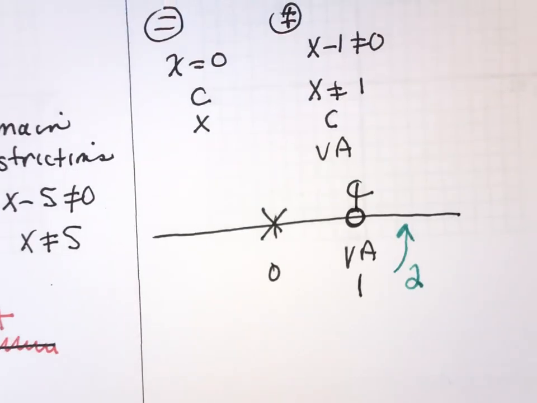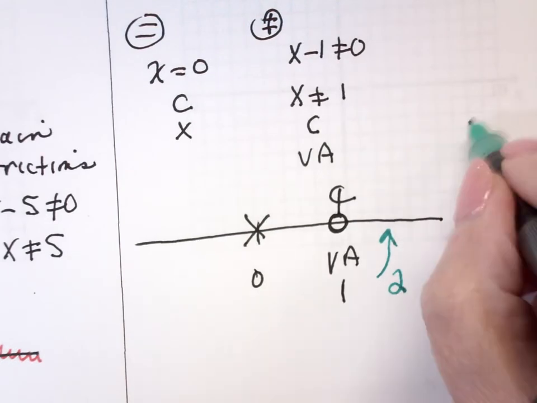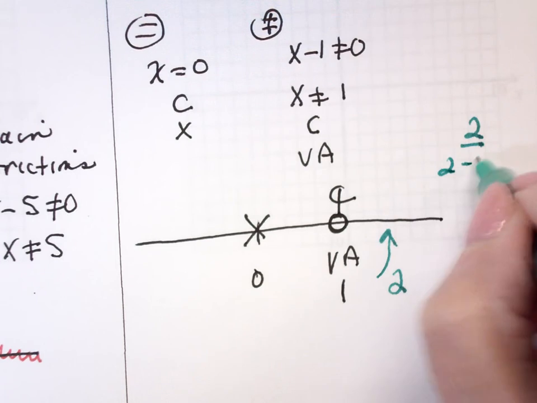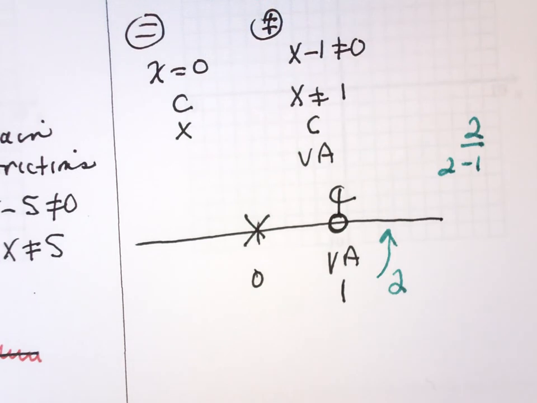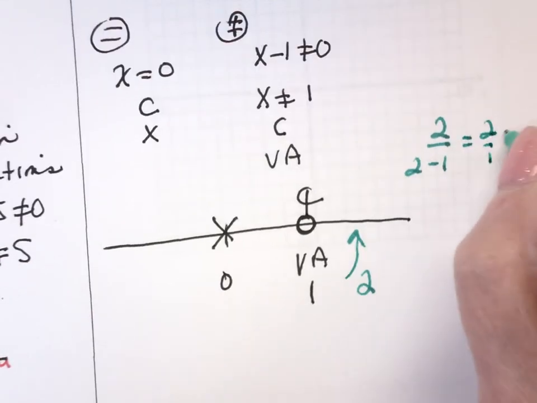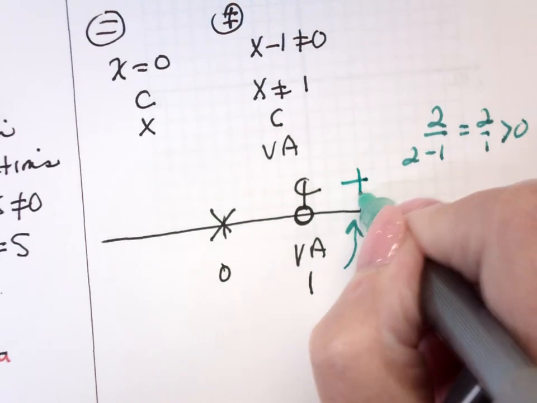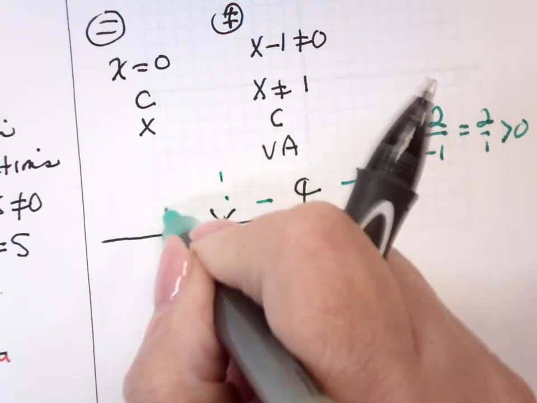Is 2 divided by 2 minus 1 positive or negative? It's 2 divided by 1, positive. So positive change negative, change positive.